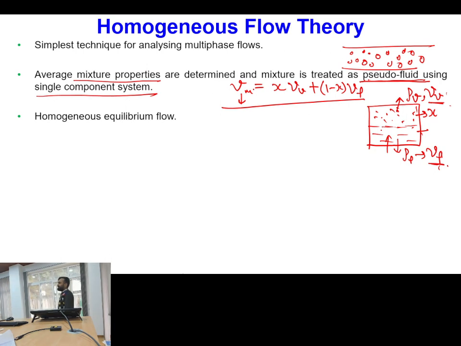By thermal equilibrium, we assume that there is no heat flow between different parts of the system. So if I have a pipeline, and in that pipeline I have small fluid particles present in a continuous fluid, my consideration will be that this temperature and the outside temperature are the same.